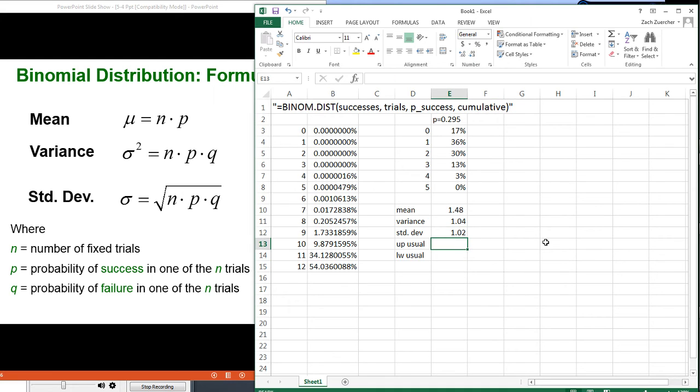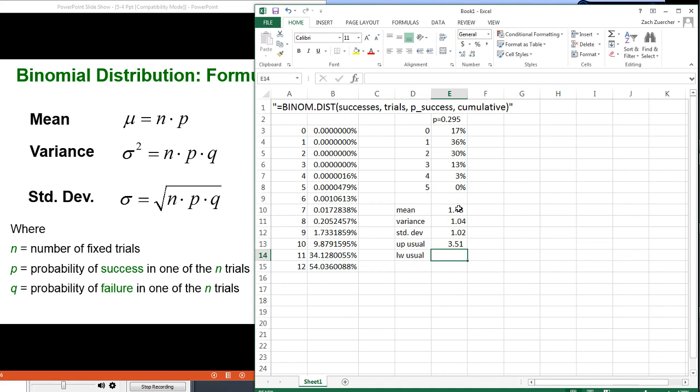And then we can use the rule of thumb, and we can start at our mean and go up 2 standard deviations. So I'm going to say equals mean plus 2 times, oh, that is not going well. Let's delete out of that. What did I end up with? Okay. I have the mean plus 2 times standard deviation. Hit enter.